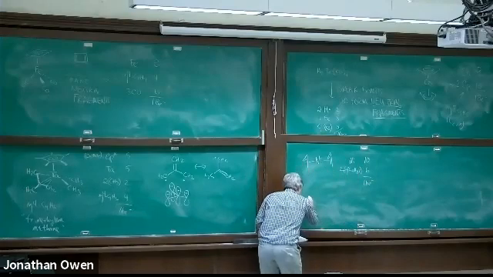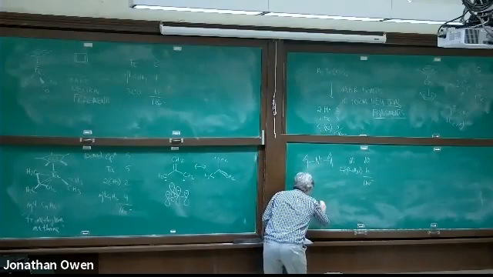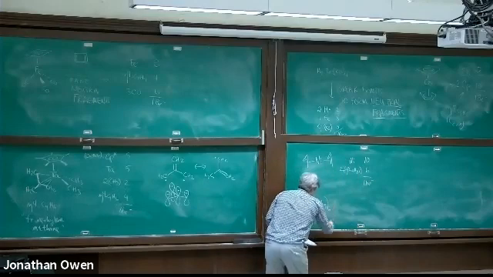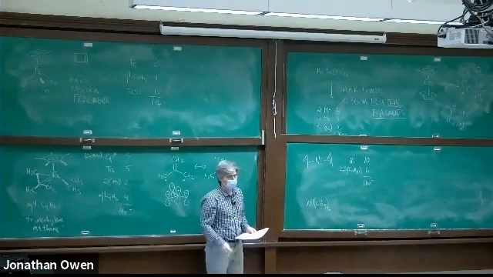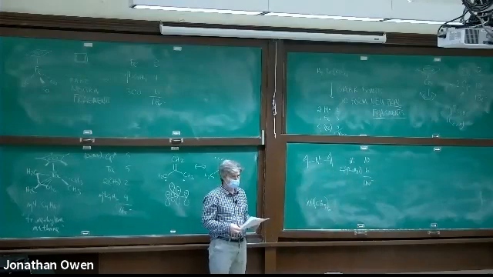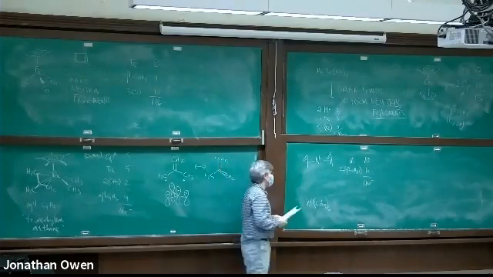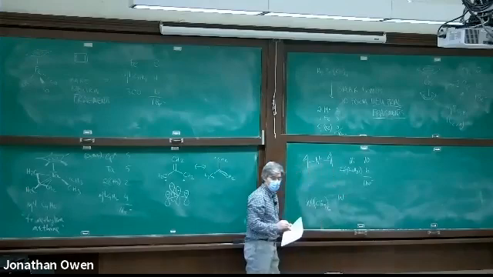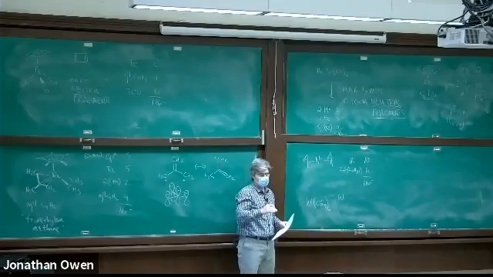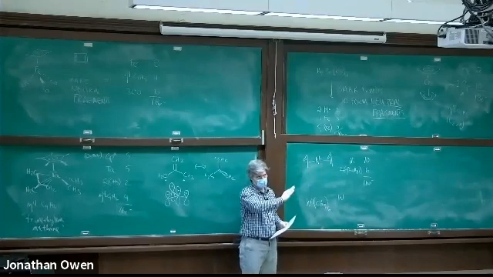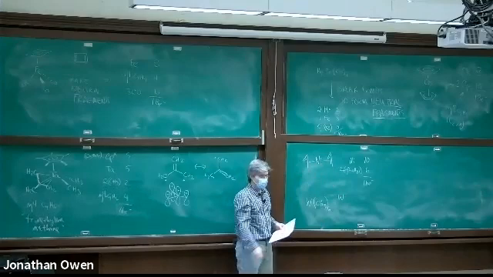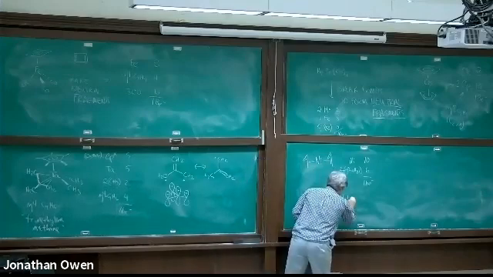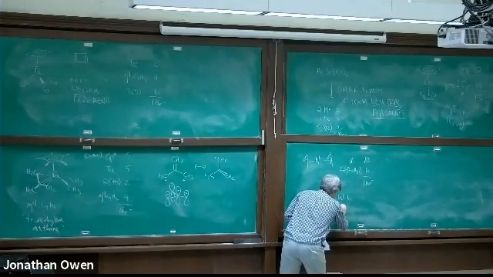Let's do another one. Tungsten hexamethyl. How many electrons for tungsten? Chromium, molybdenum, tungsten have 6. Chromium's just to the left of manganese, just to the right of vanadium. Chromium has 6. Chromium, molybdenum, tungsten all have 6. 6 methyl groups.